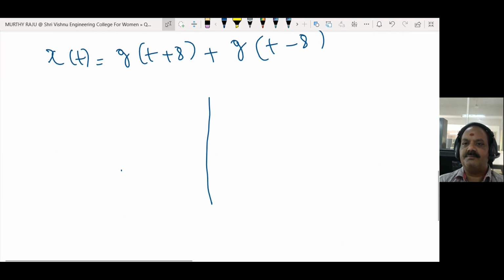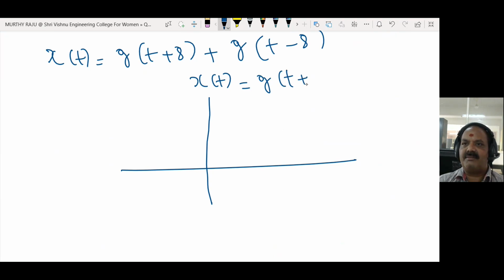Consider this one. X of t is equal to g of t plus 8 and g of t minus 8.